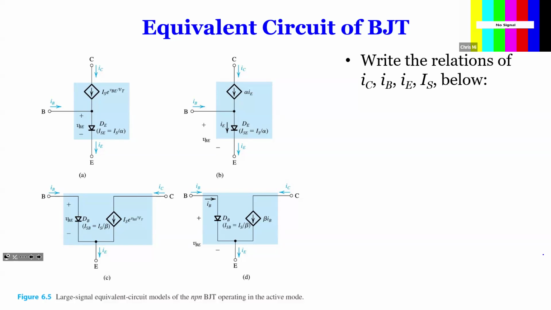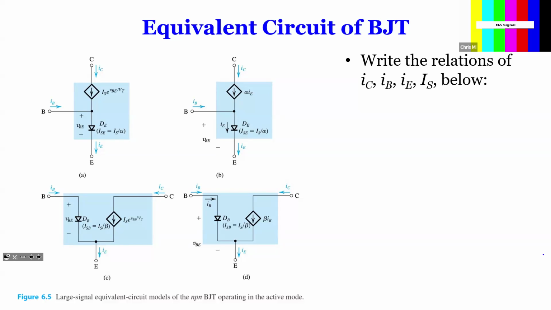So we transform that model into another model, called the pi model. In the pi model, which is for small signal, it looks similar but is very different. Later on, we'll deal with it. In the pi model, you see IB comes in, and again there's a diode over here. The current through it is IS times e to the VBE over VT.